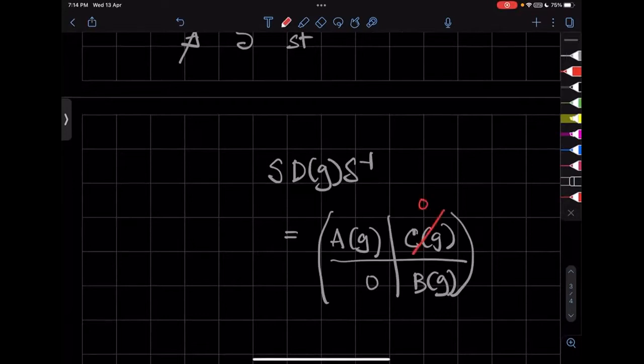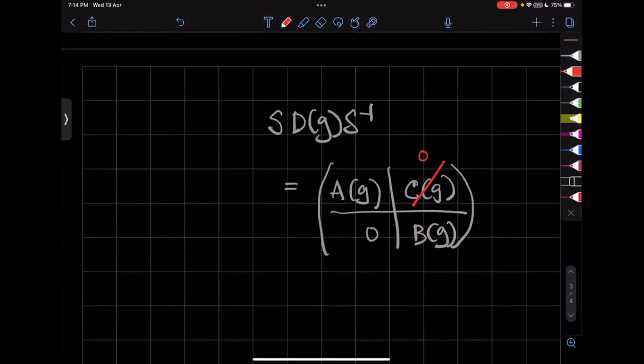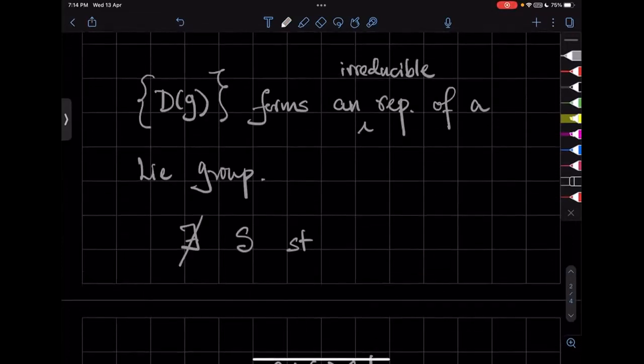But if there exists no similarity transformation such that D can be put into this form for all G, then we say that set of matrices forms an irreducible representation of the Lie group.